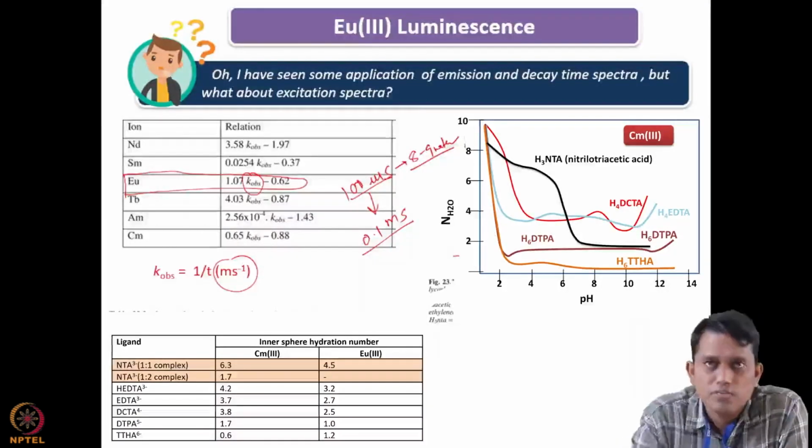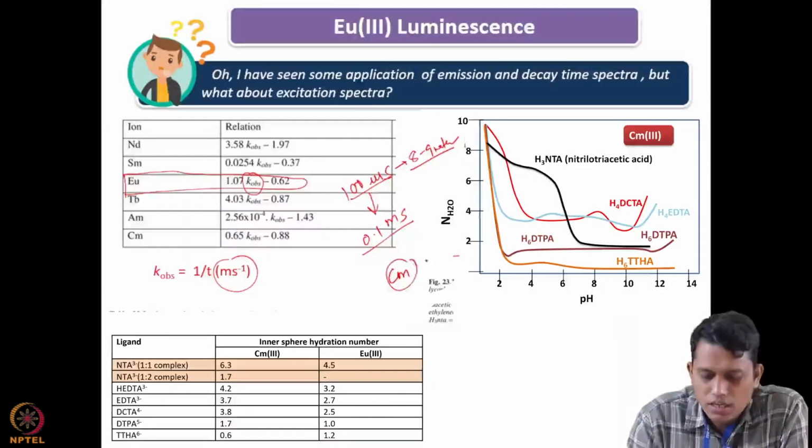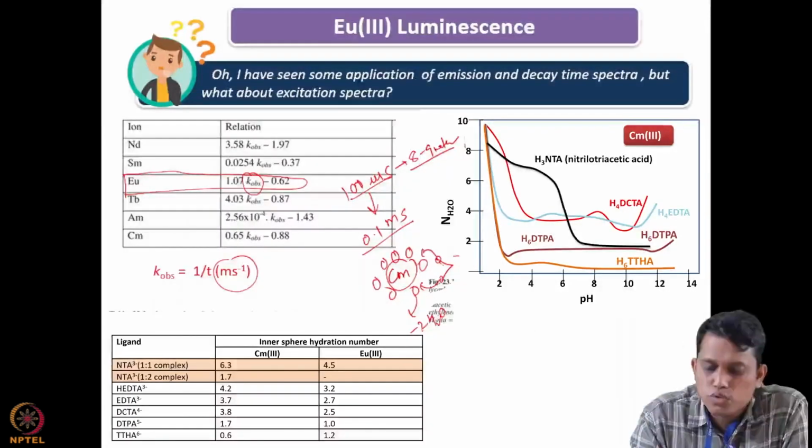A pH will come when the ligand is more and more deprotonated. Suppose curium has 8 water molecules around it, and your ligand is deprotonated and has 2 sites. Now it can attach to the metal ion and remove 2 water molecules, so you get a decrease of 2 water molecules in your aqua complex.